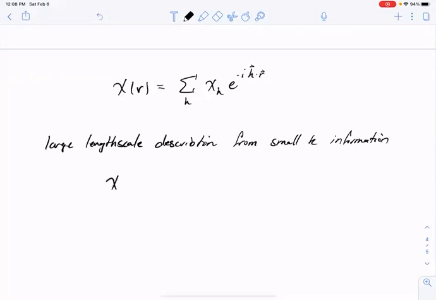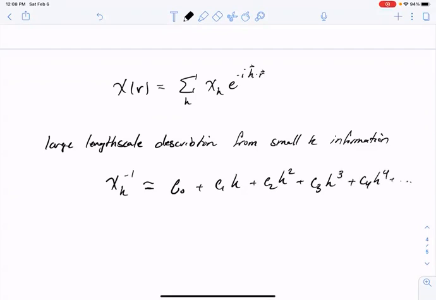So if we were going to take chi, or its inverse, and assume it's analytic, we could expand it as just a series. The 0th order term would be some constant. The 1st order term, let's call it some C1 times k. We have a 2nd order term, C2 times k squared. 3rd order term, k to the 3rd, 4th order term, k to the 4th, etc.